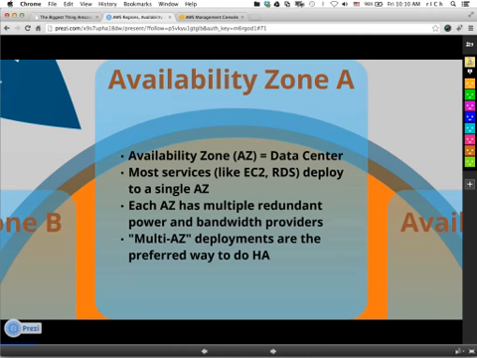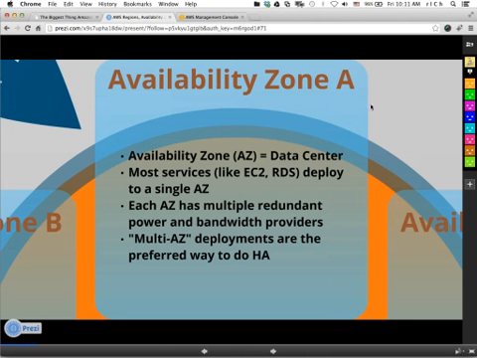Most of the services that you will provision inside of Amazon, like EC2, the virtual servers, or RDS, the managed database product, deploy to a single AZ. So when I deploy a service like this, I'm going to deploy it into a single availability zone, and my services will exist inside of that data center.